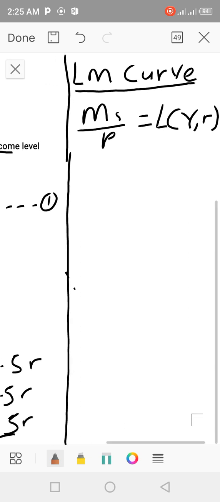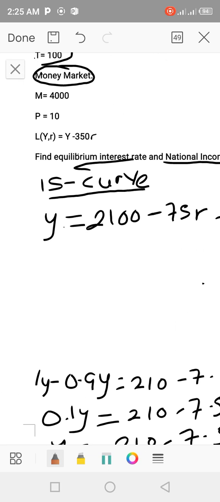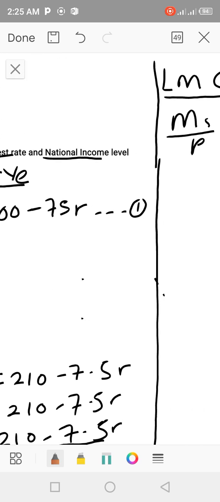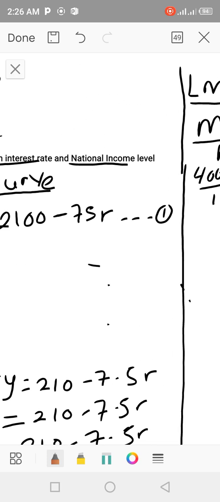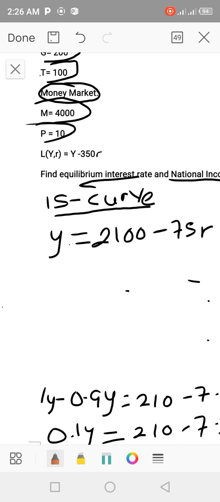From the question, we have our money supply to be 4,000 and our price to be 10. So over here we have 4,000 divided by 10, which is equal to our money demand expressed as liquidity preference as a function of Y and R, that will be Y minus 350R.